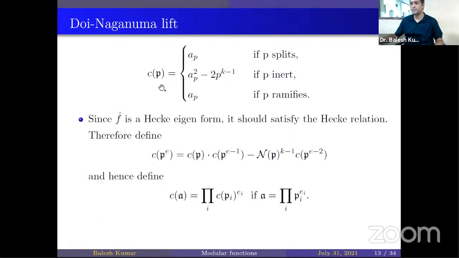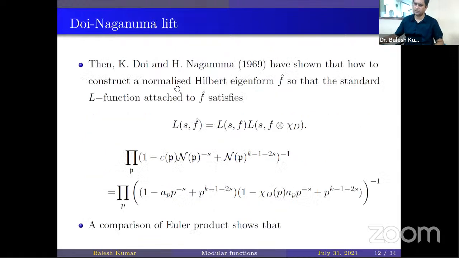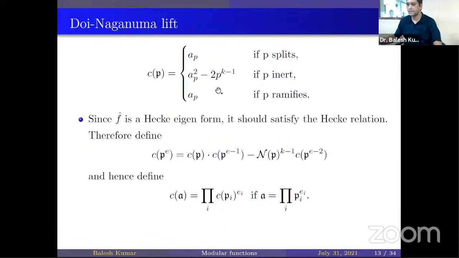So C_p corresponding to each prime p: if one compares the Euler factors, then one can see that C_p will be exactly equal to a_p, with p the rational prime, if p splits, or a_p squared minus 2 times p to the power k minus 1 if p is inert, and C_p is exactly a times a_p if p ramifies.